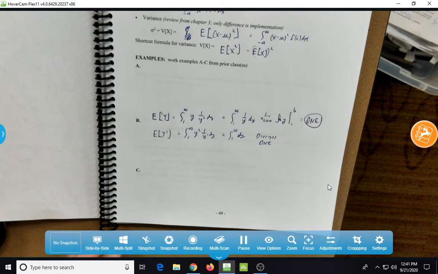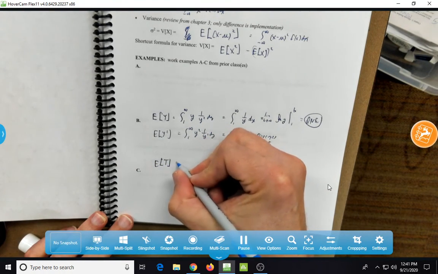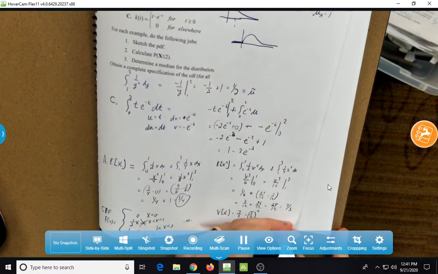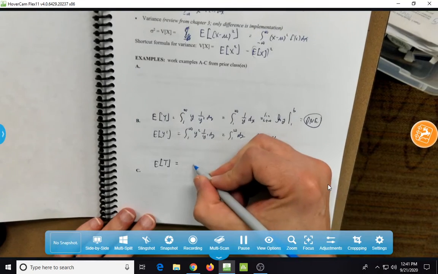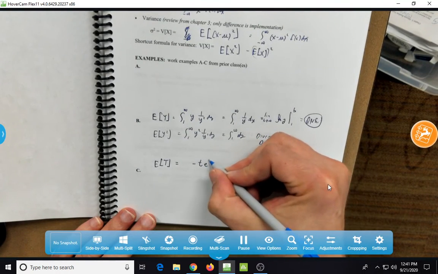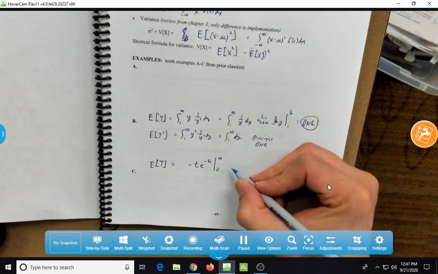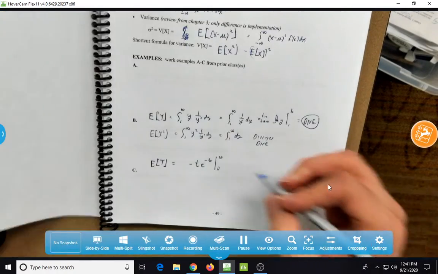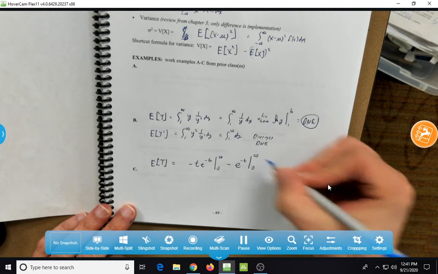All right, let's do the expected value of t, and I'm going to cheat a little bit because we already calculated this antiderivative on the previous page. We calculated it as minus t e to the negative t going from 0 to infinity, minus e to the negative t going from 0 to infinity.